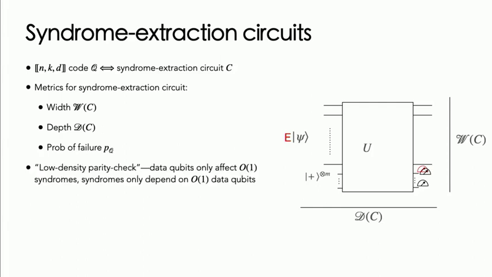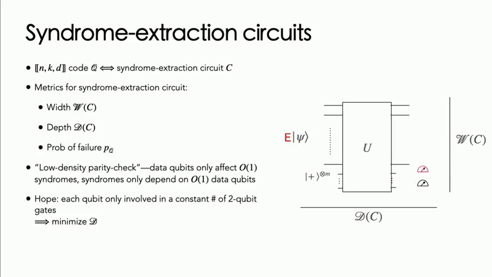So the specific class of codes I'm going to be talking to you about are called low-density parity check codes. And these are codes for which every data qubit only affects a constant number of syndrome bits, and every syndrome bit only depends on a constant number of data qubits.